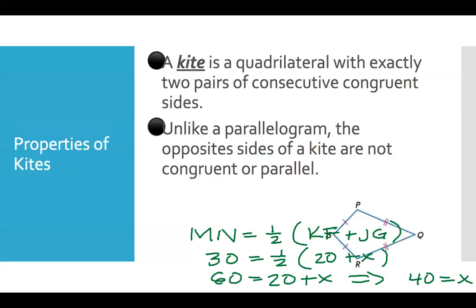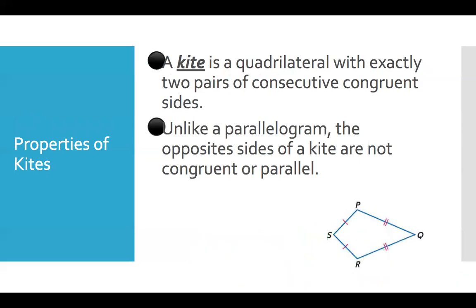So now on to a kite. A kite is a quadrilateral with exactly 2 pairs of consecutive congruent sides.